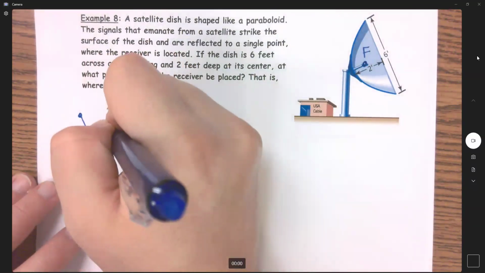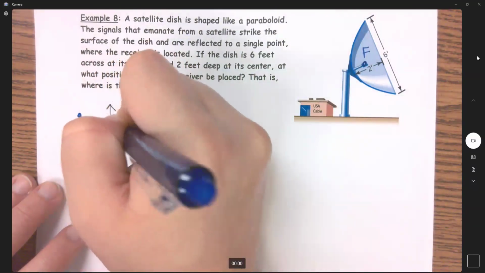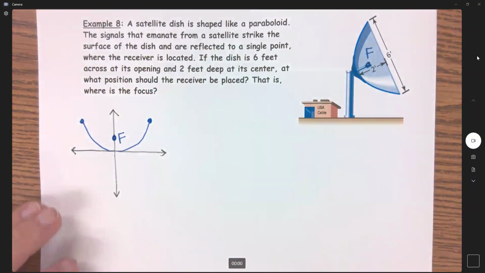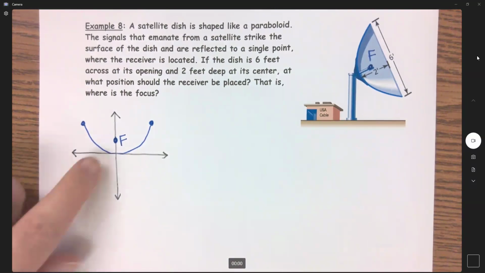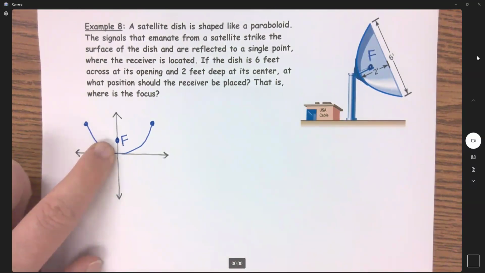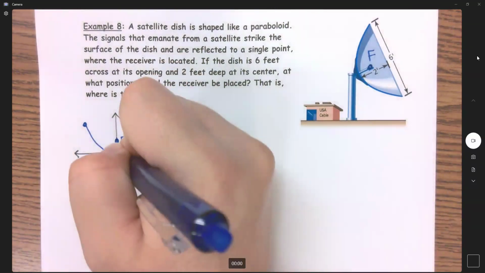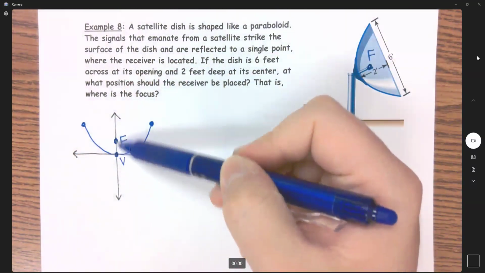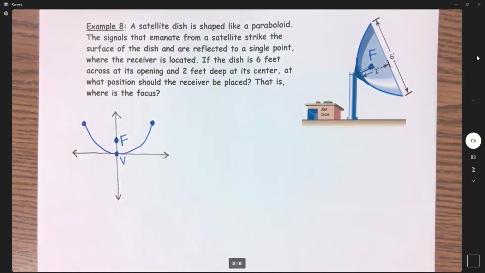Okay, and my focus is somewhere in here. So we need to know where this focus is, and if my vertex is right here, we need to figure out a, right? We need to figure out the distance from the vertex to the focus.